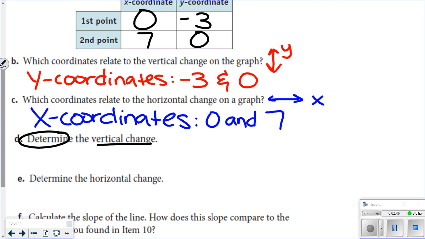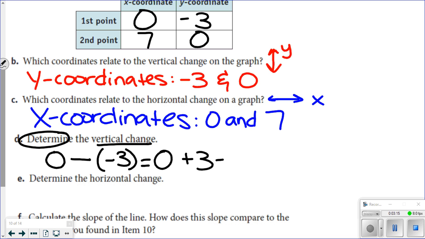So what we're going to do is take our second point, the y-coordinate, which happens to be 0, and subtract the y-coordinate from the first point, which happens to be -3. Well, if I'm subtracting 0 minus a negative, 2 negatives make a positive, so this becomes 0 plus 3, which is 3.